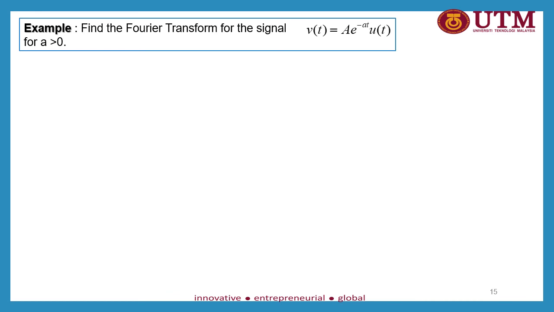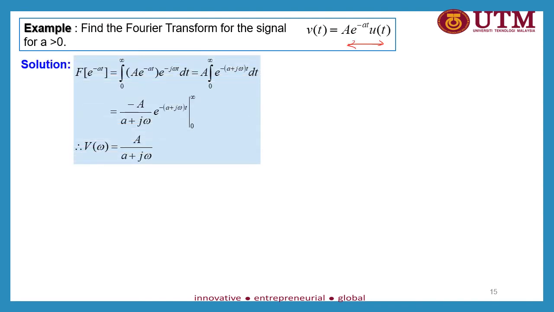Given the signal v(t) equal to A e to the minus a t u(t), look at the complete equation, for a larger than 0. Find the Fourier transform of v(t). If using the first method, you need to perform the integration.